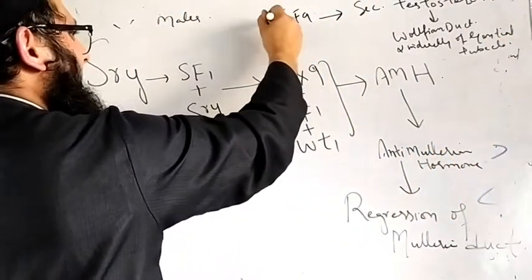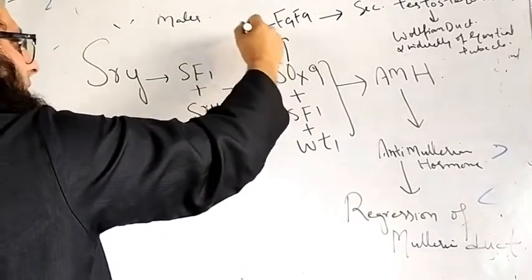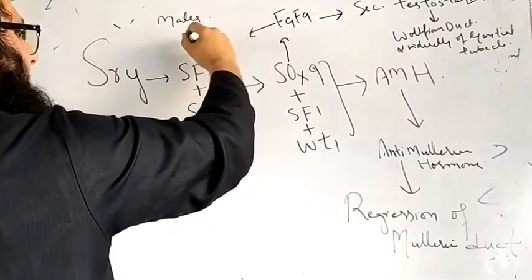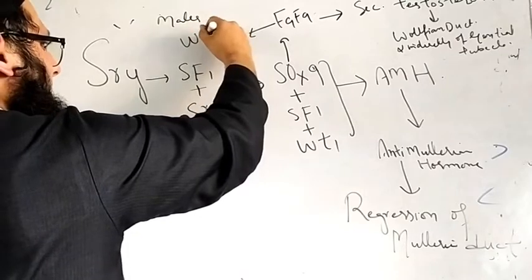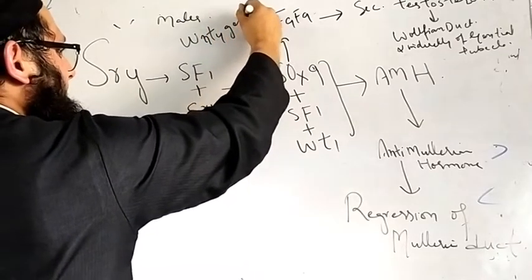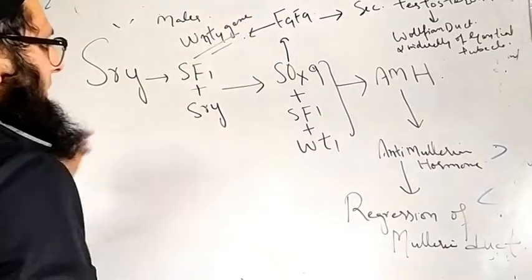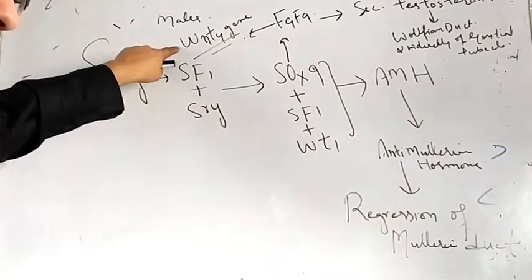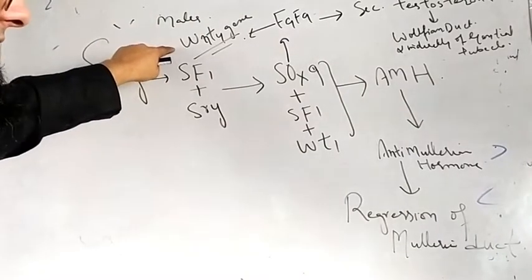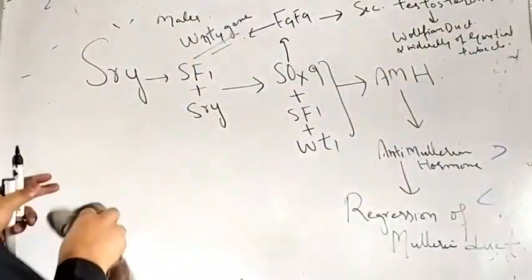And this FGF9 gene will also antagonize the activity of the WNT4 gene, which is actually the ovary determining gene, an autosomal gene present in both sexes. So this is what happens in case of males. So what happens in females?